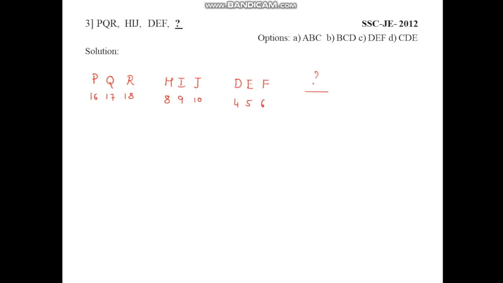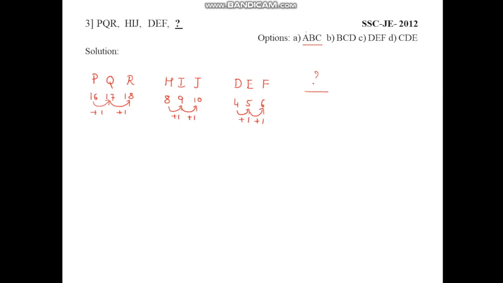So next just see the options. Yes, it is in increasing order, like 16 to 17 +1, 17 to 18 +1, 8 to 9 +1, 9 to 10 it is also +1, 4 to 5 it is +1, 5 to 6 it is +1. But just see the options.